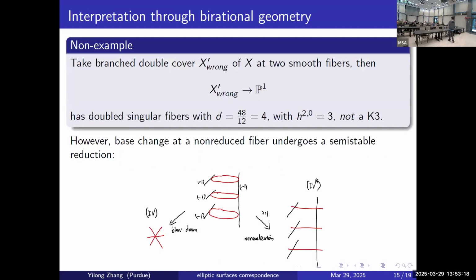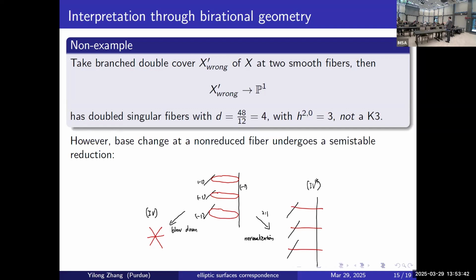Now I want to just give a rational geometry interpretation of what the Shioda-Inose structure is. So let's pause for a second and really think about what this double cover of a K3 surface is. So you say, wait a second.